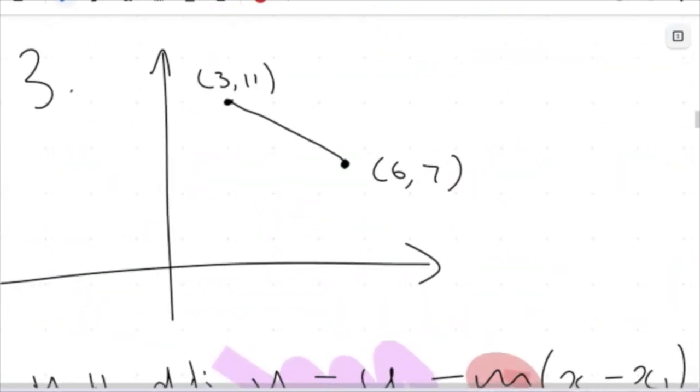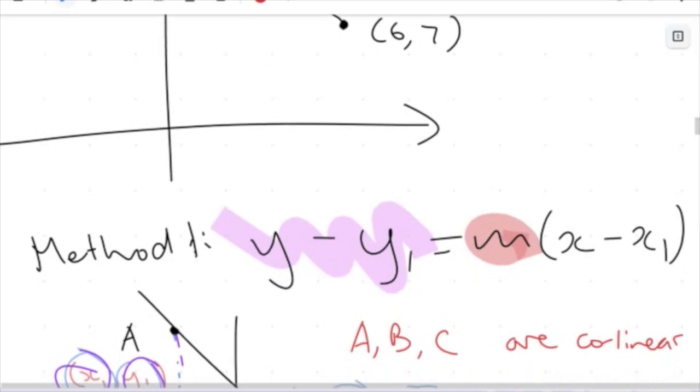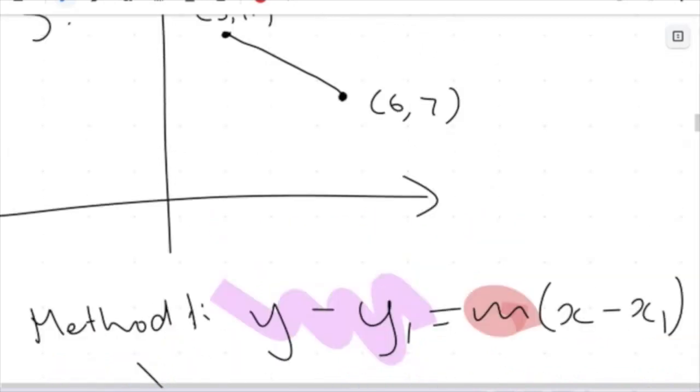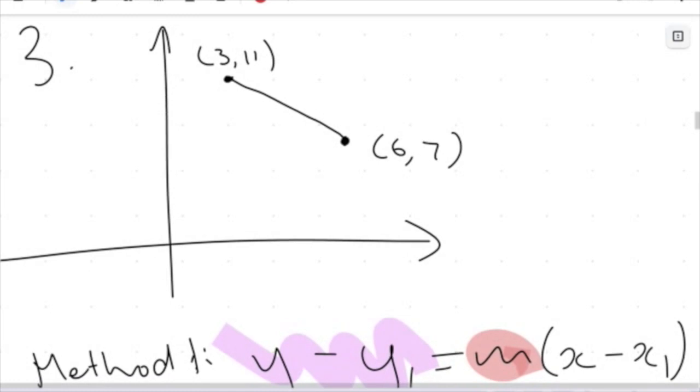And we're using the fact that the gradient is equal all the time. That allowed us to use this formula that I spent a while deriving. But we also used method 2. It worked in the same way because these points are on the line. If they're on the line, they satisfy the equation. We can use it to find the y-intercept.